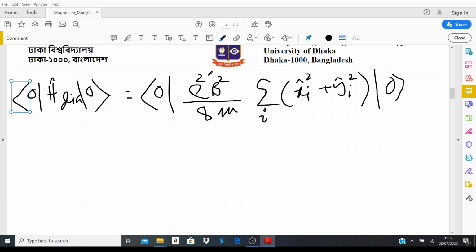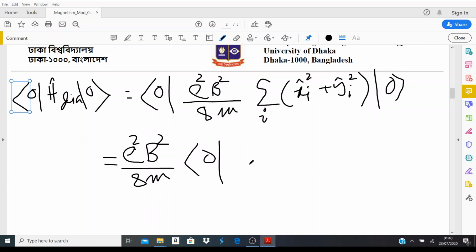You can see these are not operators, they are just numbers, so this will go out, right? This is the first time we are performing any quantum mechanical calculation, so let me be more explicit. This entire quantity goes out, then we are left with this bit.